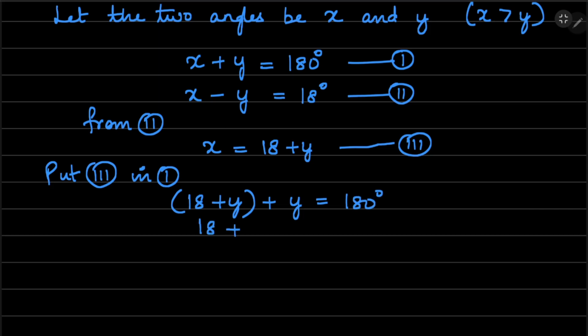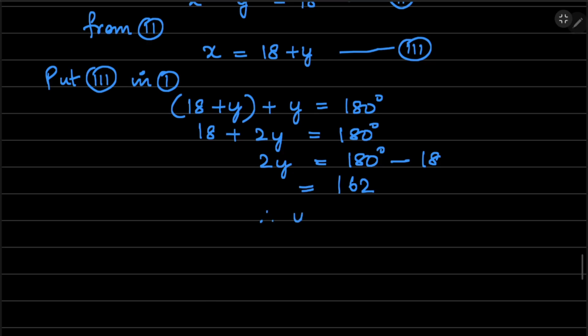So 18 plus 2y equal to 180. 2y equal to 180 minus 18, which is 162. Therefore, y will be equal to 162 divided by 2, so y is equal to 81.